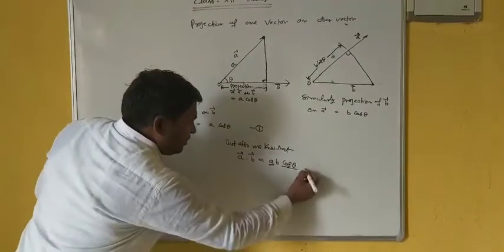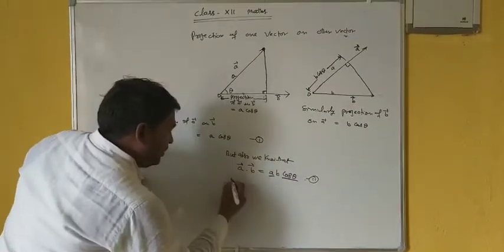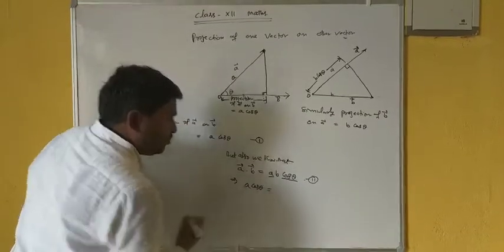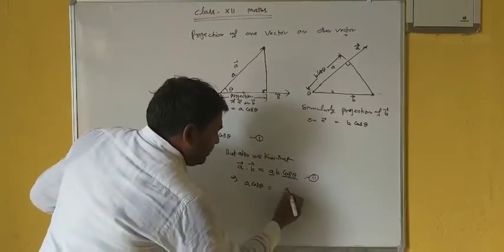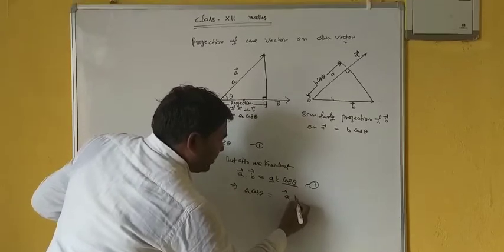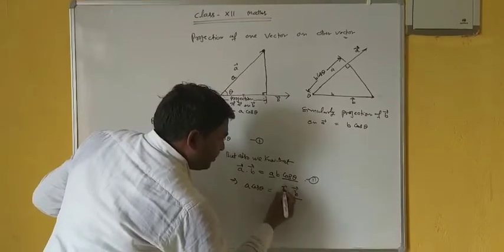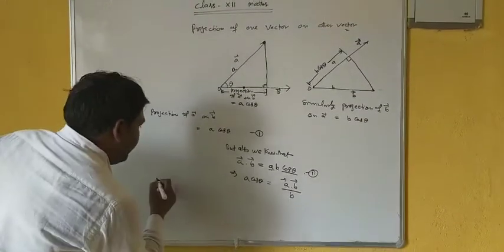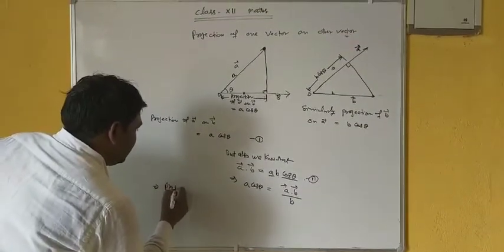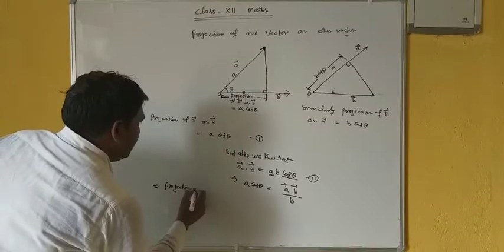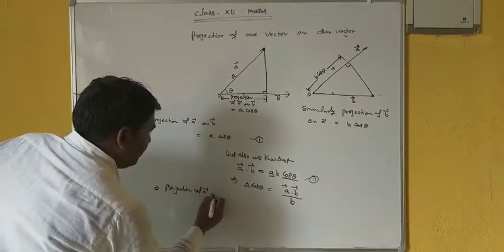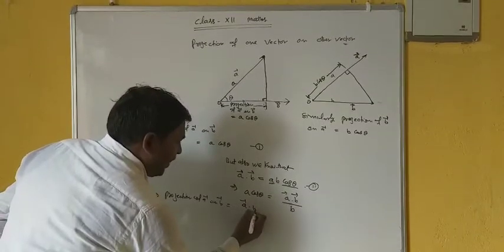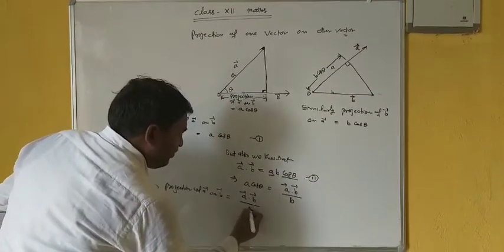So from equation 2, it implies that A cos theta is equal to vector A dot vector B divided by the magnitude of B. Therefore, the projection of vector A on vector B is equal to vector A dot vector B divided by B.